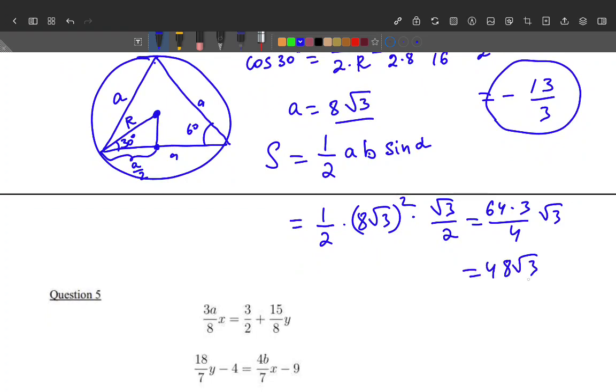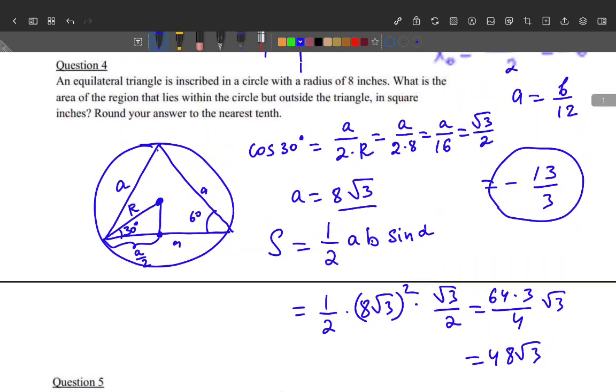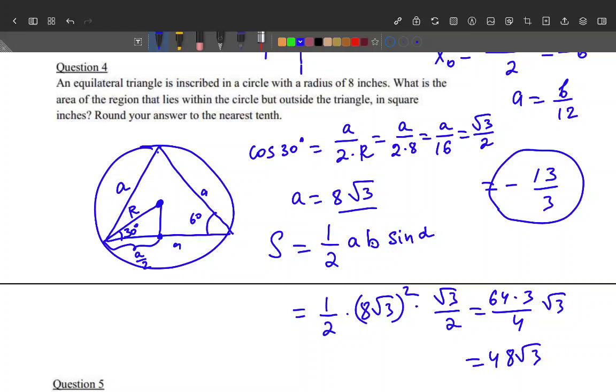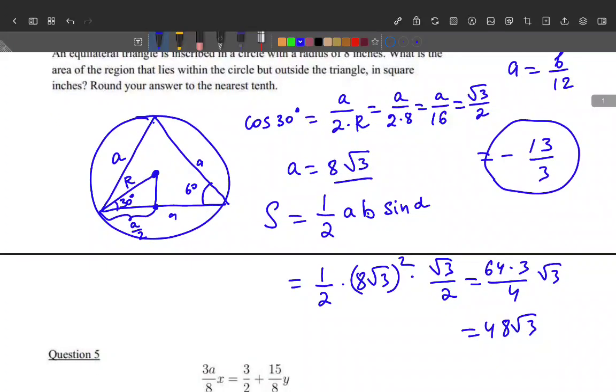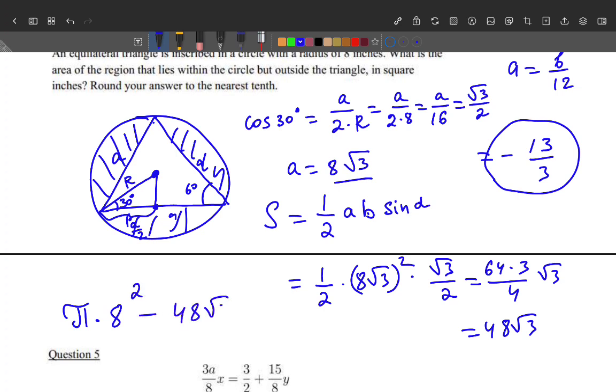This answer will be okay. They are asking from us the region outside the triangle. Because of this we need this region: the area of the circle subtract the area of the triangle.